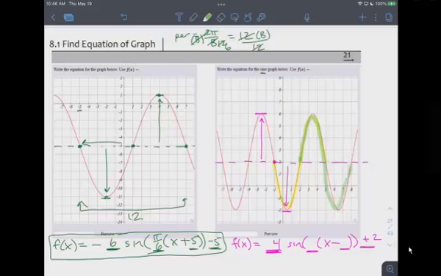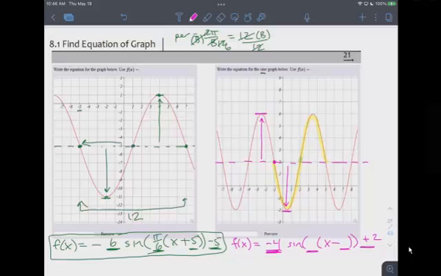We could have used this cycle here also, which would be a +4. So whichever piece you want to use, you can choose whatever you want. I'm going to use this portion right here, since I highlighted it first, and so I'm going to choose a -4 for my multiplier out front.